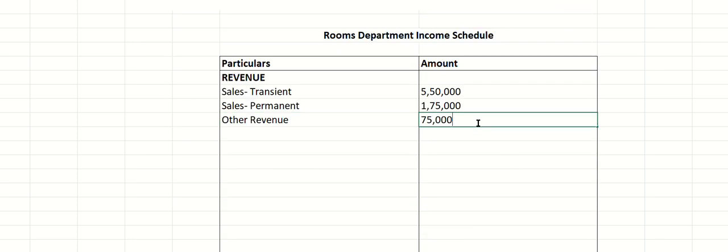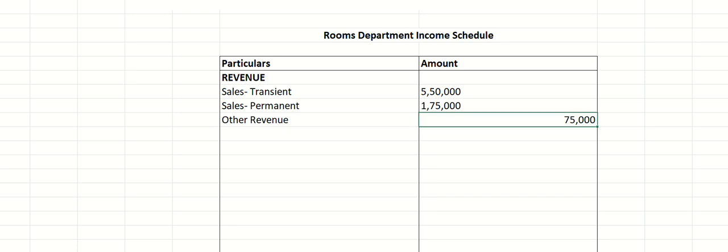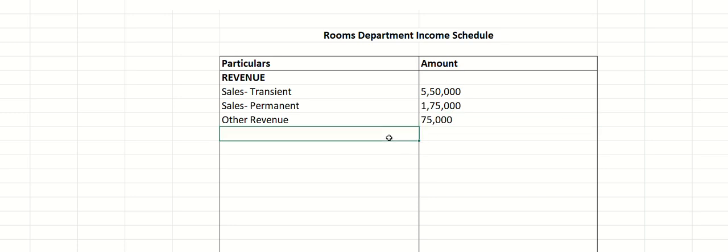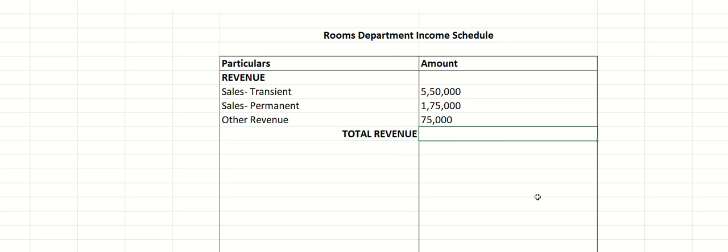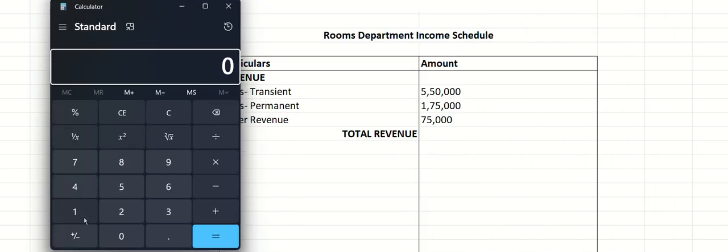Now we are showing other revenues there, so we can find our total revenue. It is simple, but still I'm doing it on the calculator for your sake.